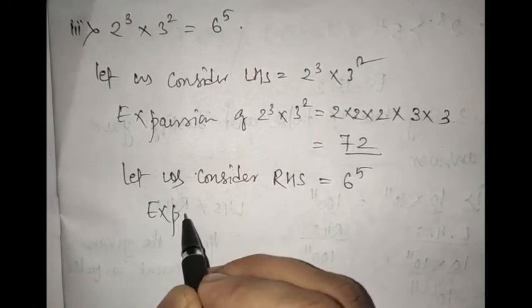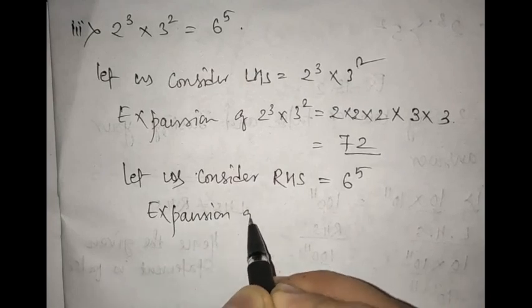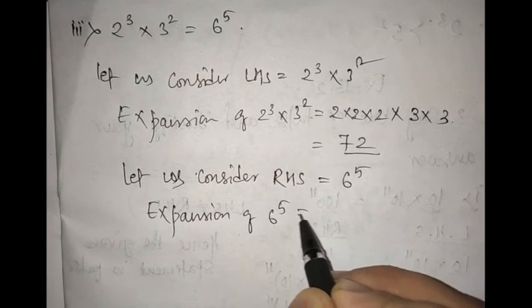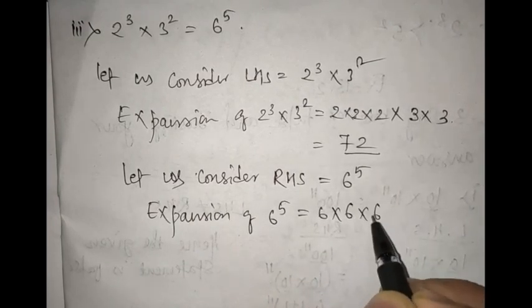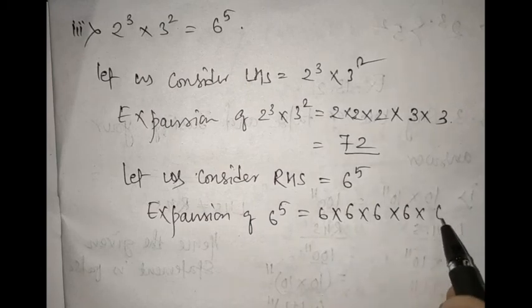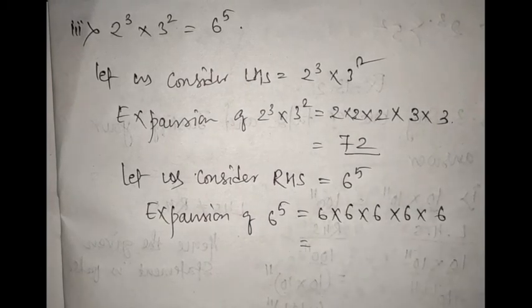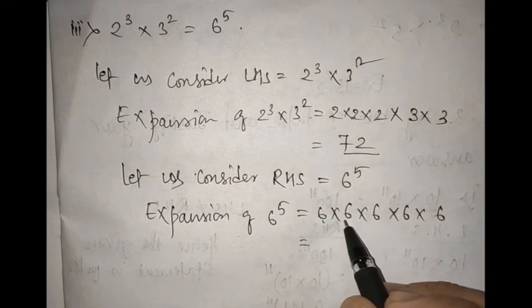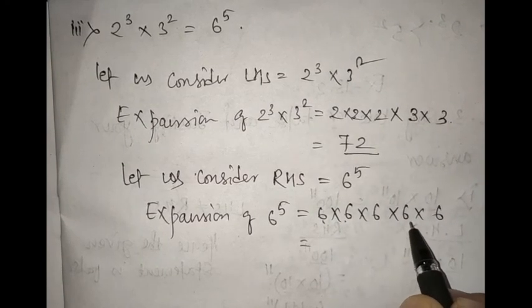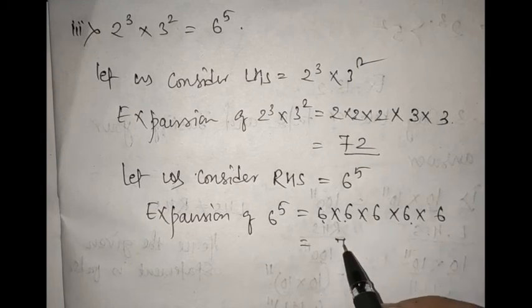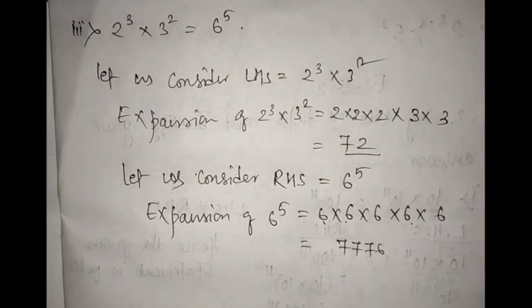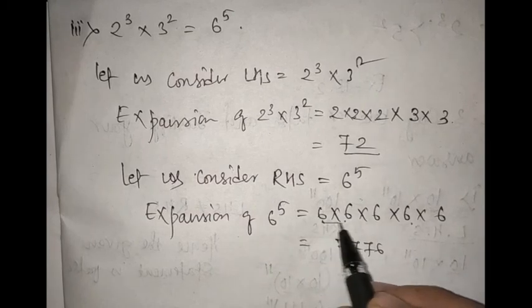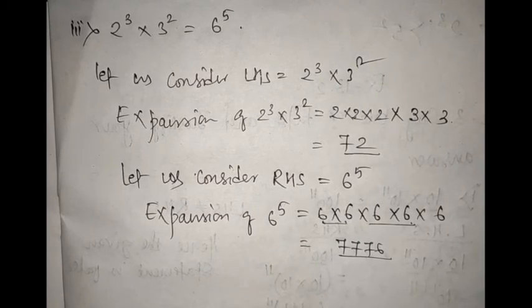So now after expansion of 6 to the power 5, it is 6 into 6, 3, 4, 5. So 6 will be 5 times. So when you multiply this, 6 6 are 36, 6 6 are 36, 36 into 36 into 6. So it is 7776. All right, so when you multiply this, you will get the value 7776.